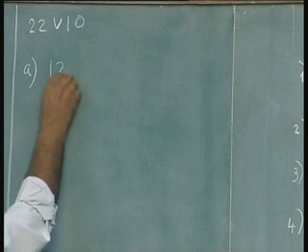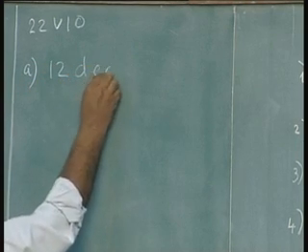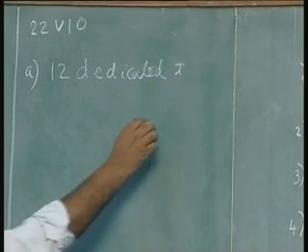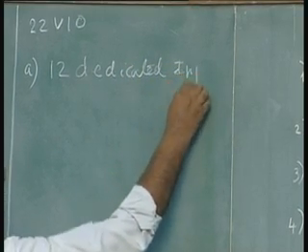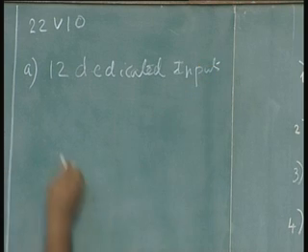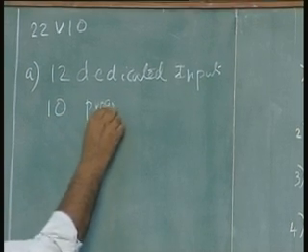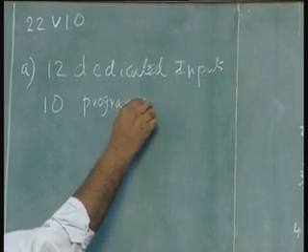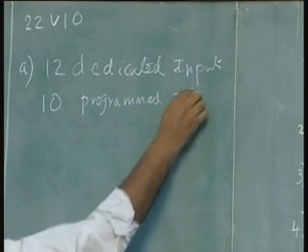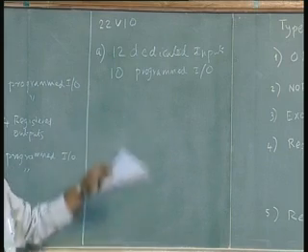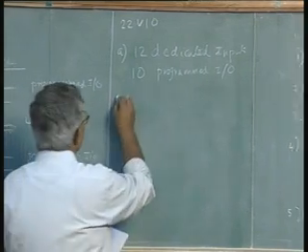12 dedicated inputs, that means they cannot be used as outputs. 10 programmed I/O. That is how you get 22. 10 of them are programmed, 12 are dedicated inputs.